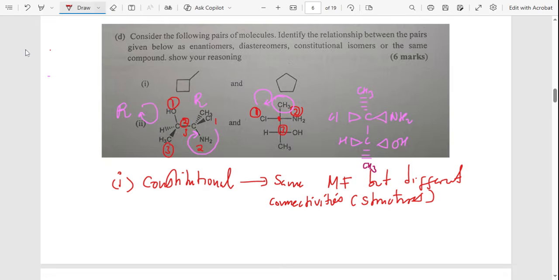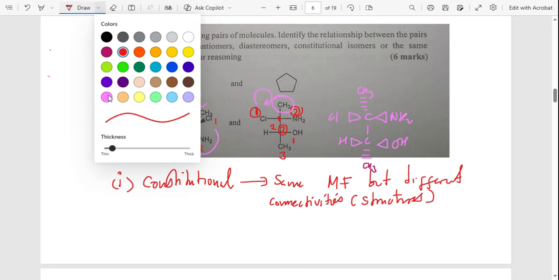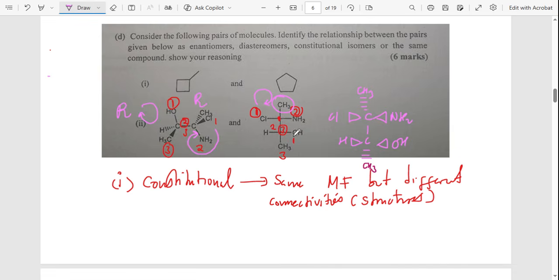So the carbon that is down, group 1 will be this one, group 2 will be this one, group 3 will be this one. Count from 1 to 2 to 3, it's supposed to be like this. But you can see the fourth group is a nitrogen, and the fourth group is actually in the front.